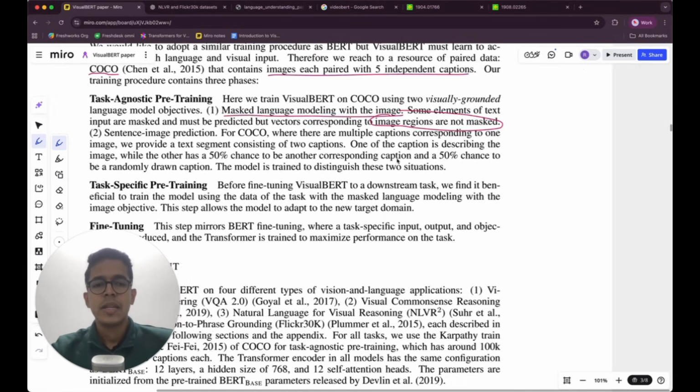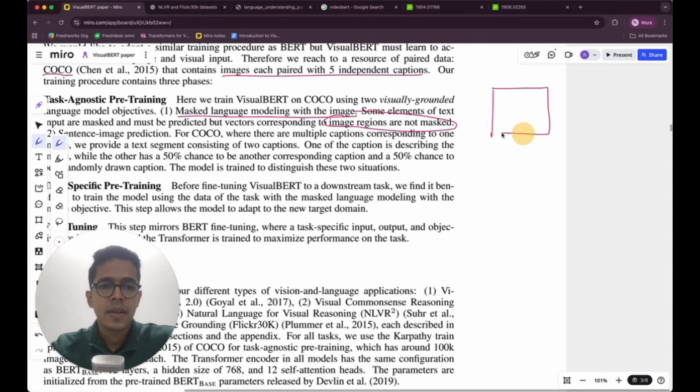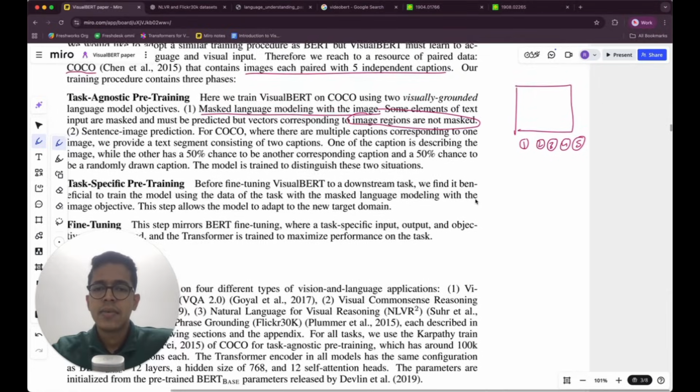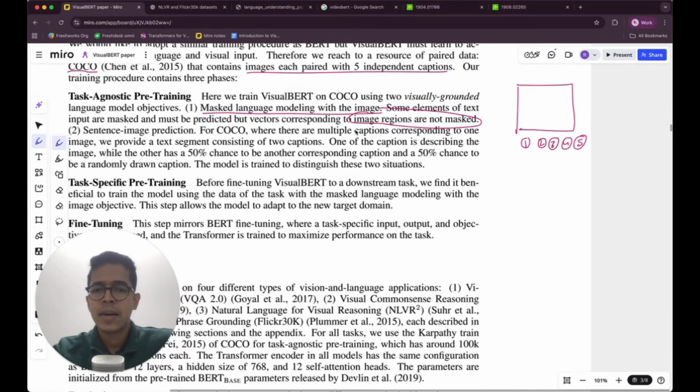What this means is, for an image, there are 5 captions available from the dataset. All these 5 captions adequately describe the image. Now, for COCO, when there are multiple captions corresponding to the image, we provide a text segment consisting of 2 captions.